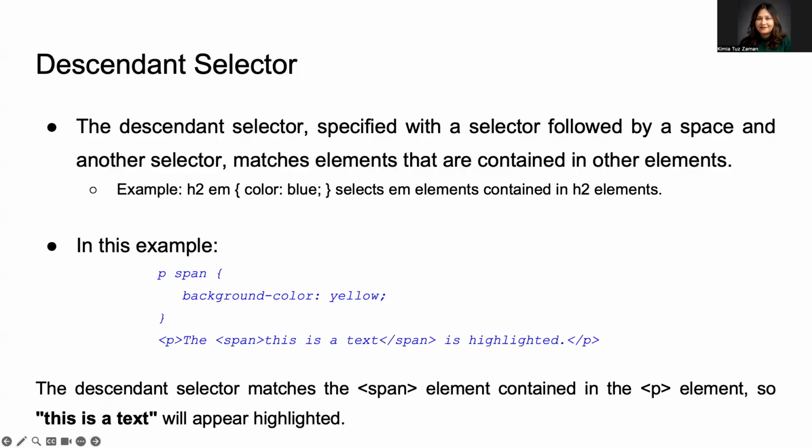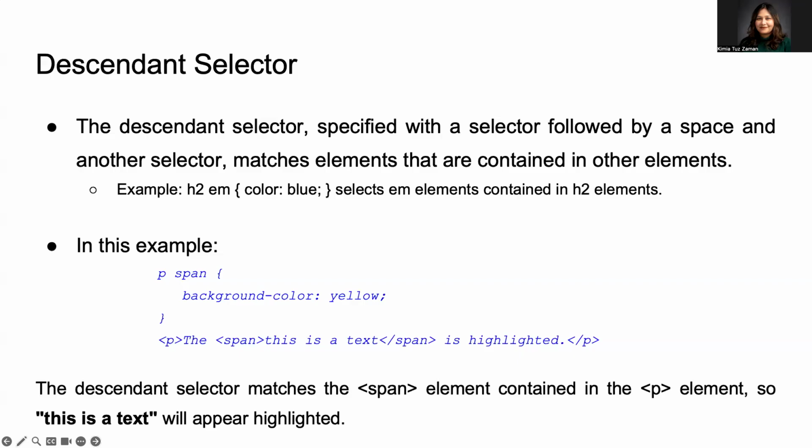Next is the descendant selector. This type of selector is used when we want to style elements that are contained inside another element. For example, in the code here, we have p span, background color is yellow. This means we are targeting any span element, but only if it is inside a paragraph element.